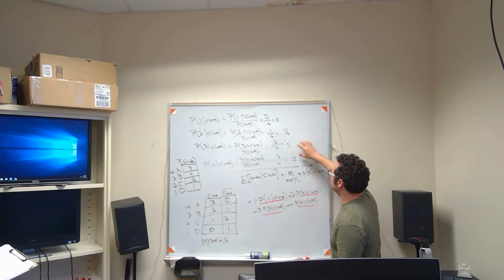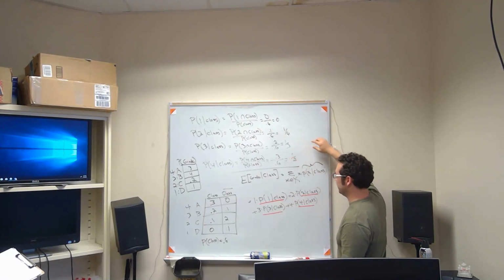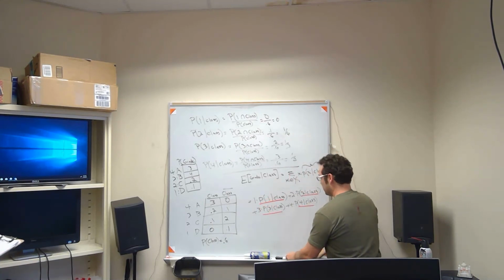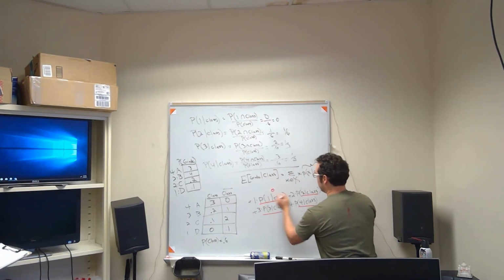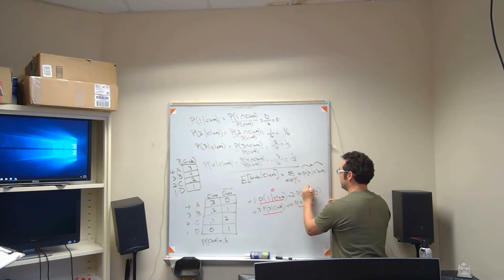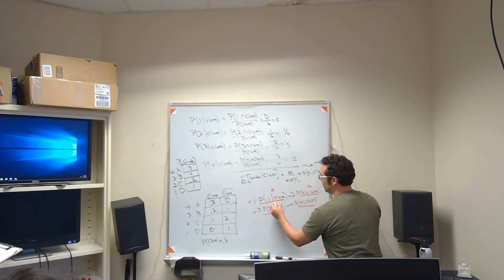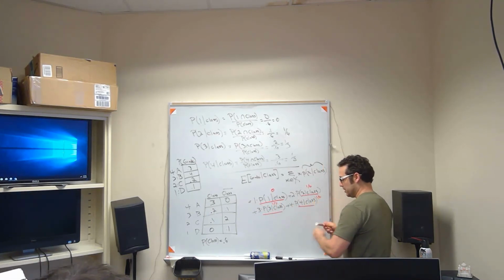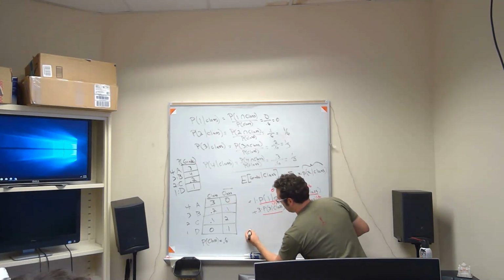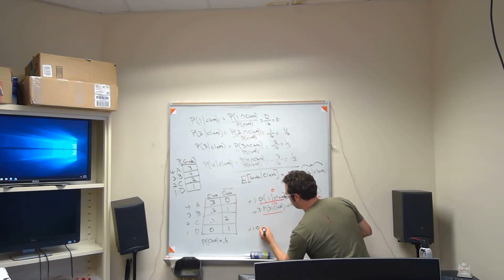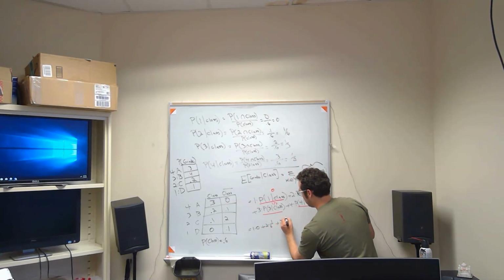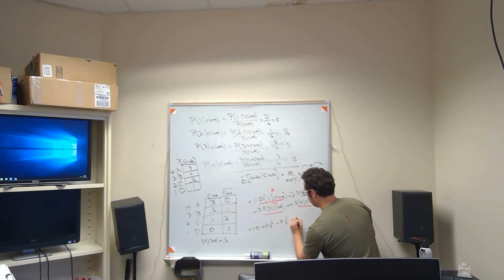Okay, so now we can start plugging stuff in. Again, this guy was 0, this is 1/6, this is 1/3, and this is 1/2. So we have 1 times 0 plus 2 times 1/6 plus 3 times 1/3 plus 4 times 1/2.